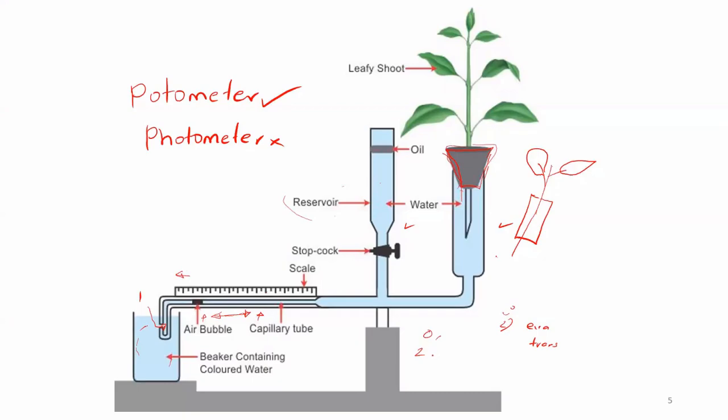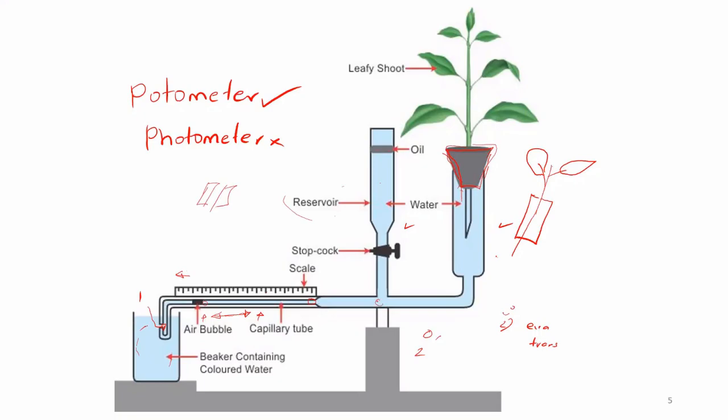Like in the water potential practical, you can also take 2 strips of potato. Initially the air bubble is here. After 5 minutes, the air bubble movement will be in this direction.